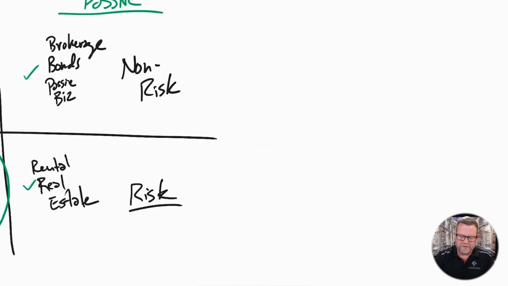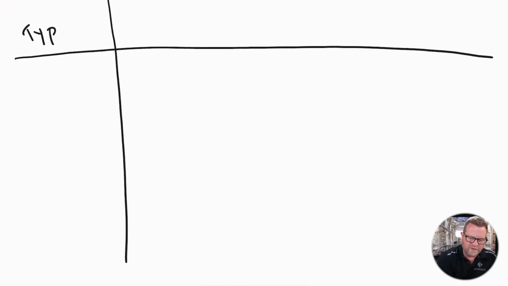All right. So let's go over what we're going to be discussing. I'm going to make a chart here. Excuse me, because I'm just hand drawing this, but we're going to call these the entity types. We're going to go over sole proprietor, so I'm just going to call it sole prop. We're going to go over partnerships.